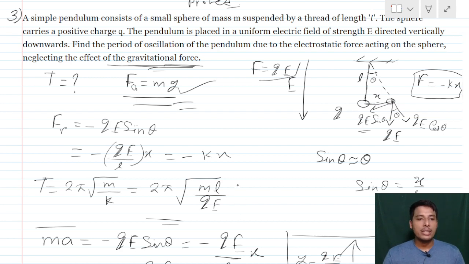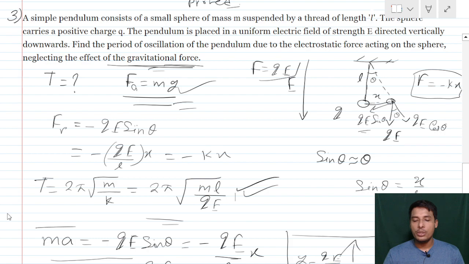So by the definition T equal to 2 pi root over m by k, we can easily calculate the time period of oscillation. Also, we can calculate the same thing by considering the general form of the force, that is ma equal to qe sine theta, because only this force acts in this case, and we compare this with the SHM differential form.